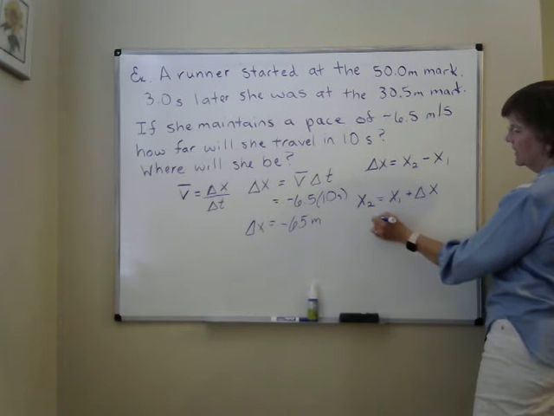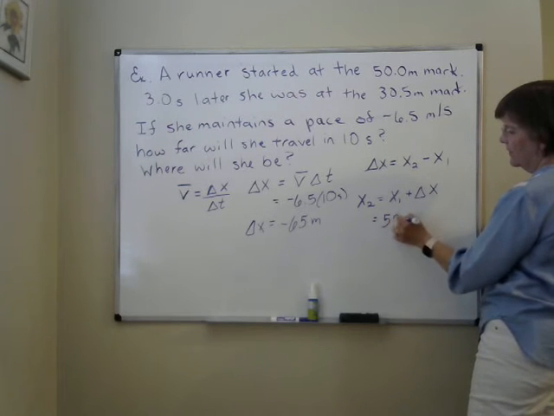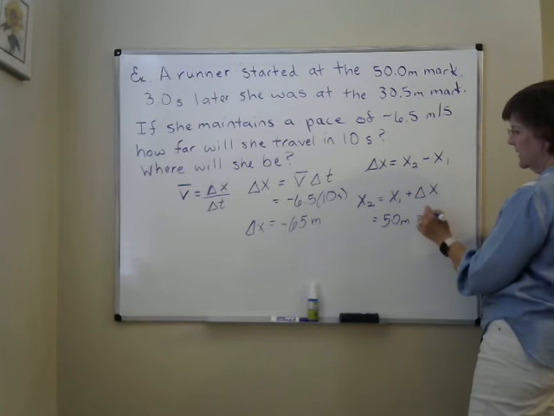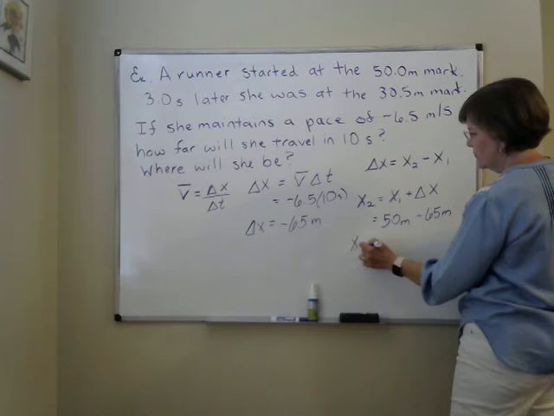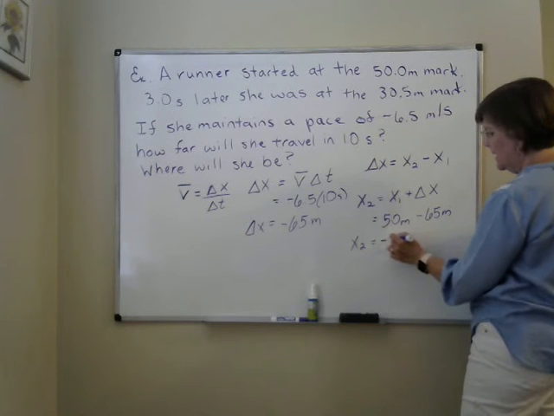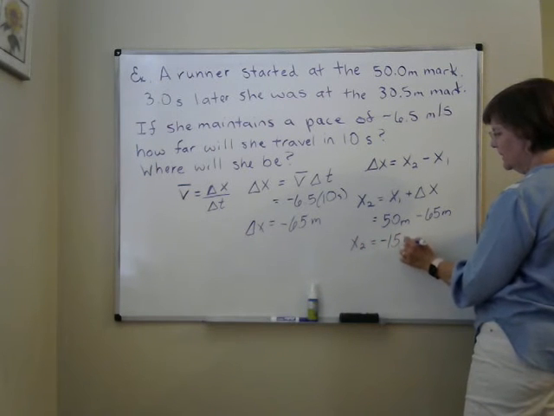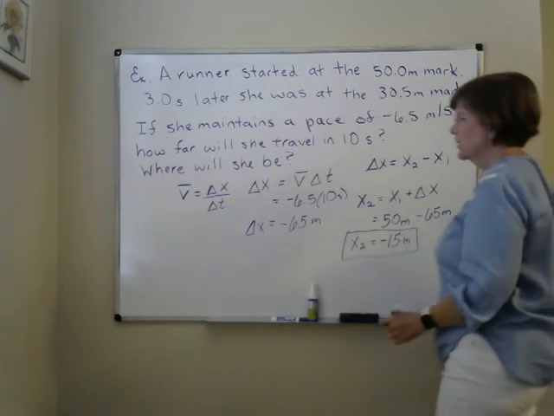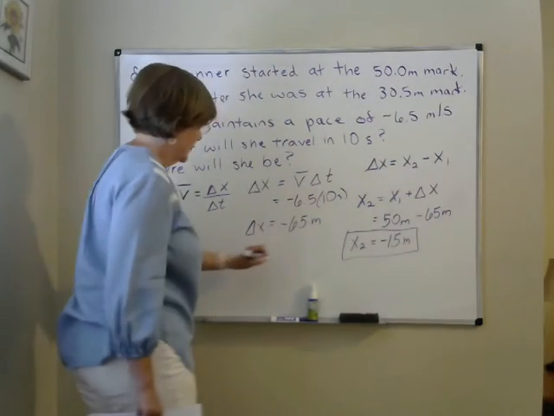In this case, she started at the 50-meter mark. Her displacement was negative 65 meters. So her new position is that she's going to actually be at the negative 15-meter mark. Again, if you look at a number line, that's going to make excellent sense.